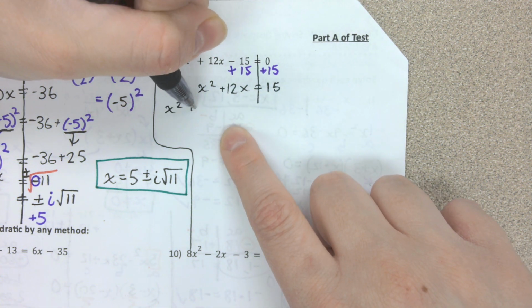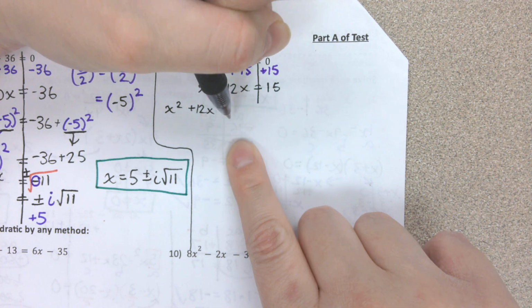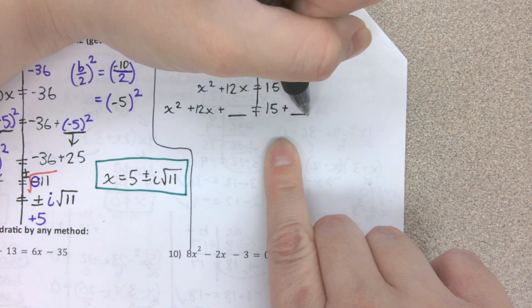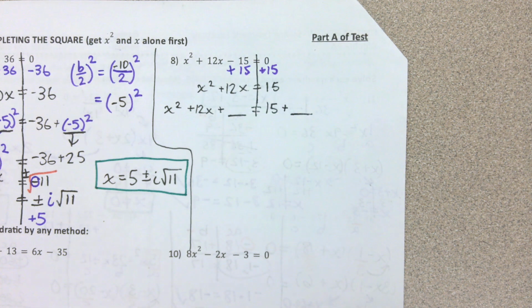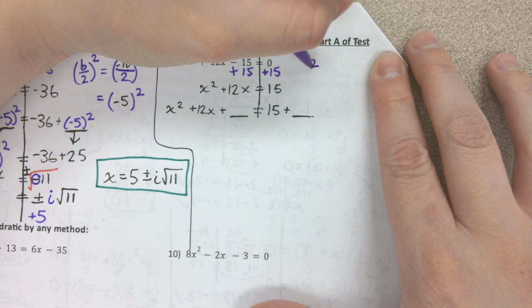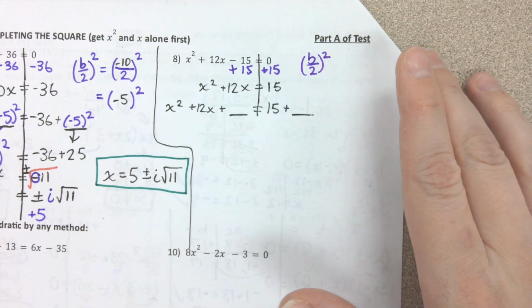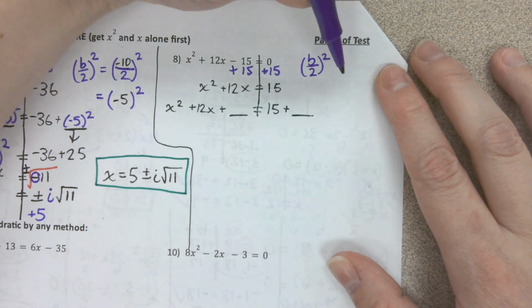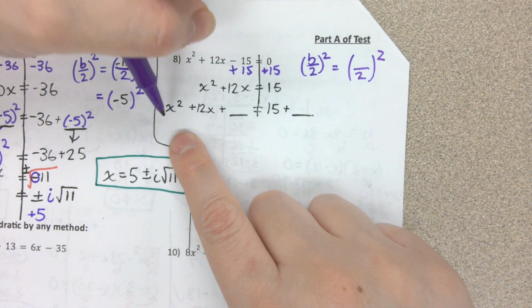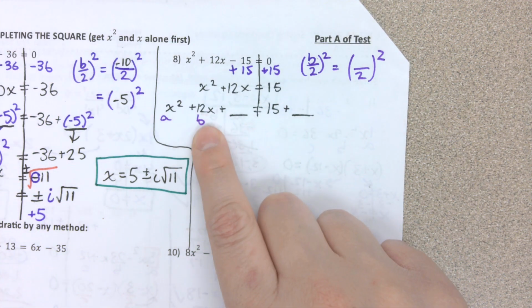So I'll have x squared plus 12x plus something equals 15 plus something. Add it to both sides. Again, this mystery number comes from b over 2 squared. So we have b is 12.